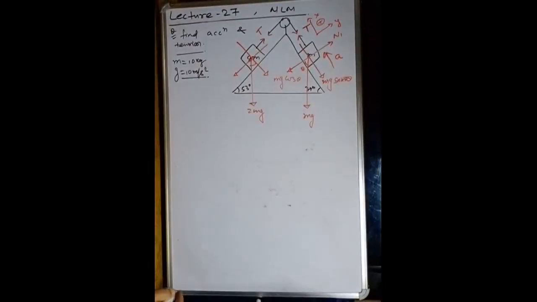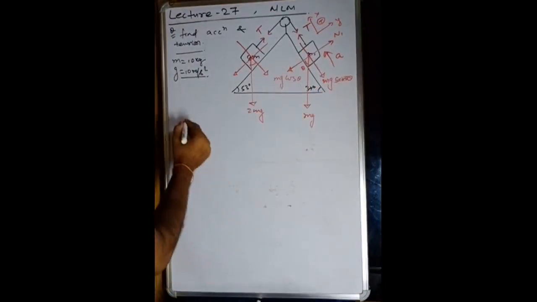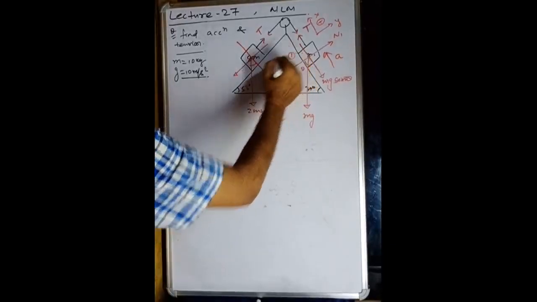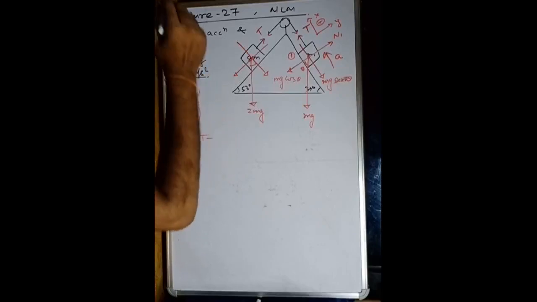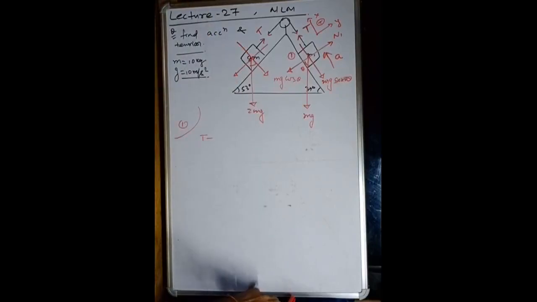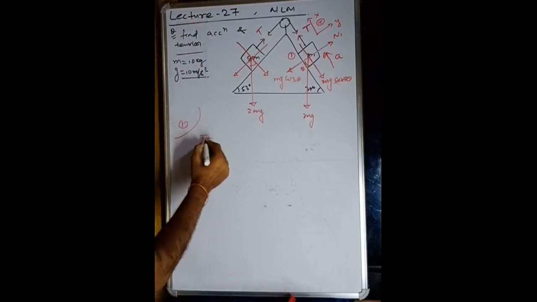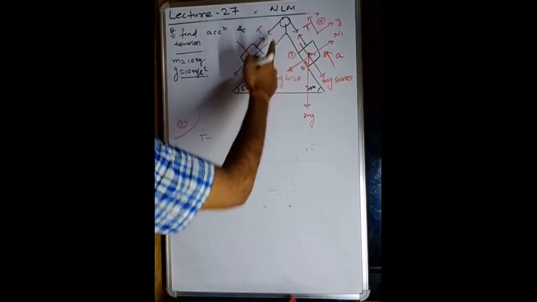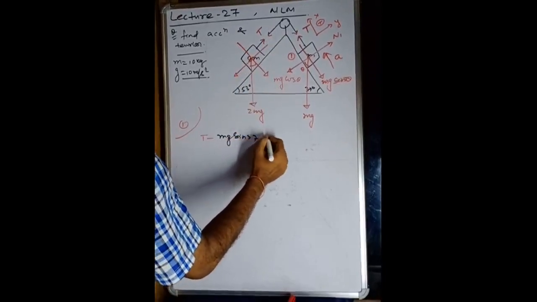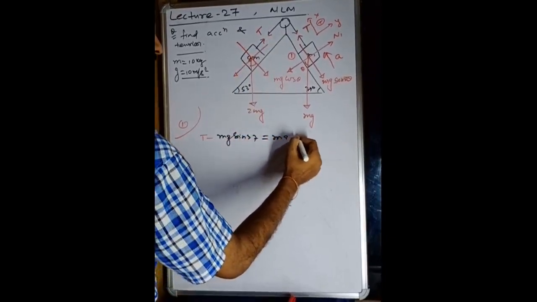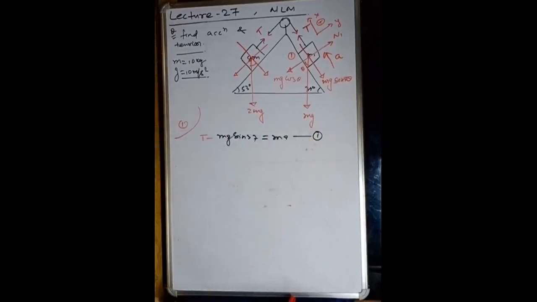So for this free body diagram 1, T minus mg sin 37 equals ma. This is equation 1.